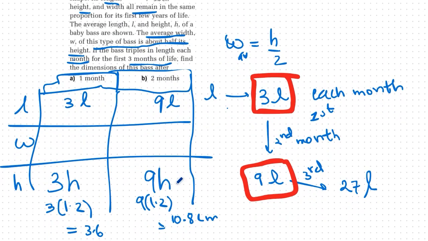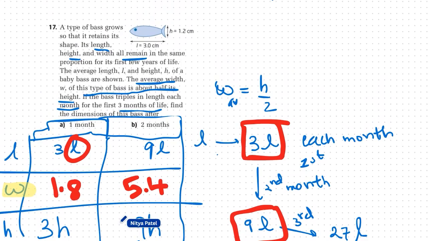Centimeters, of course. And regarding width, there is a special relation. It's half the height. So half of this: 1.8 and 5.4. And then L means how much? 3, right?